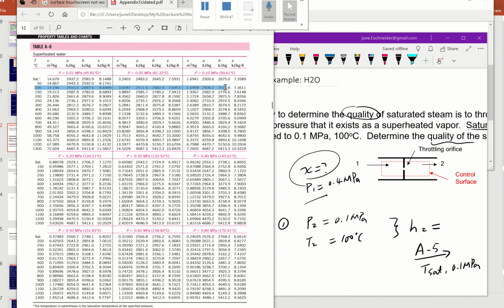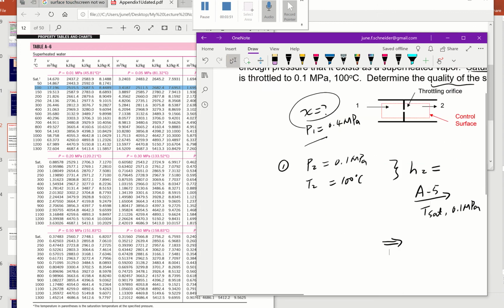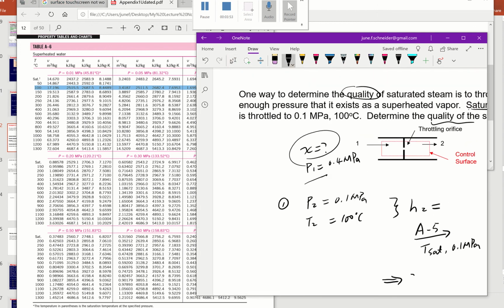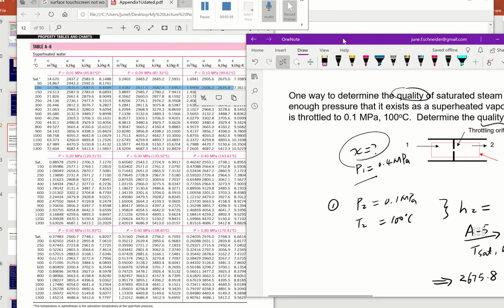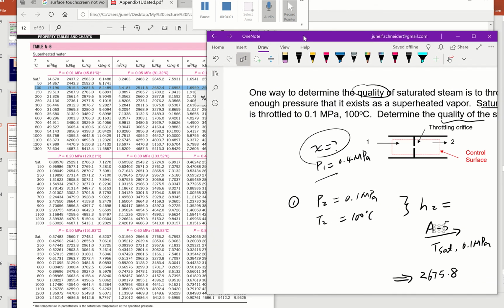We want to read H. So that's our H value, 2675.8. That's going to be our H2 value, with a unit of kilojoule per kilogram. H2 is equal to this value.